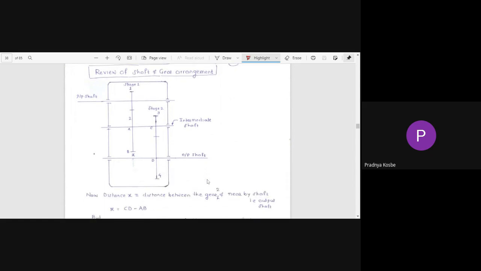Then the shaft arrangement is shown over here for stage 1. Correct? And this is stage 1 with 2 gears, and stage 2 with the next 2 gears. So here is the input shaft, and here gear 1, an input helical gear, is mounted on the input shaft as the driving gear. Then the driving gear is meshing with a driven gear, that is a helical gear, mounted on the intermediate shaft.